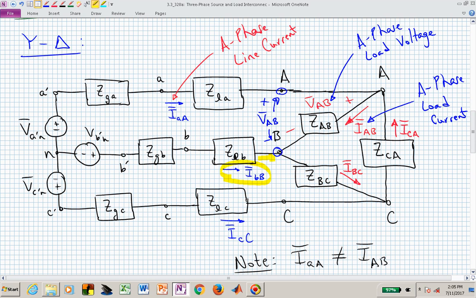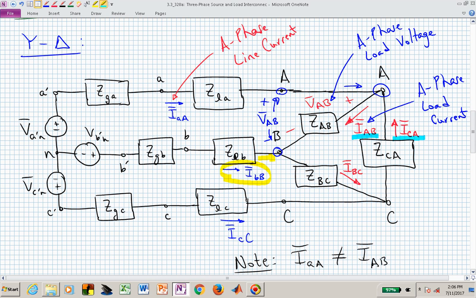I hope it's clear that the A phase line current, which we're calling I sub AA, that's the transmission line current, is not the same as I sub AB, because as I sub AA comes in here, look what happens at the A terminal. It now has to be divided among I sub AB and I sub CA.